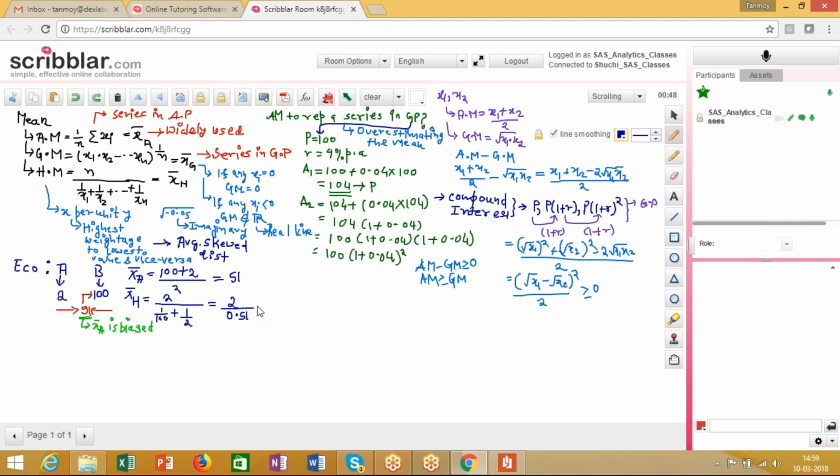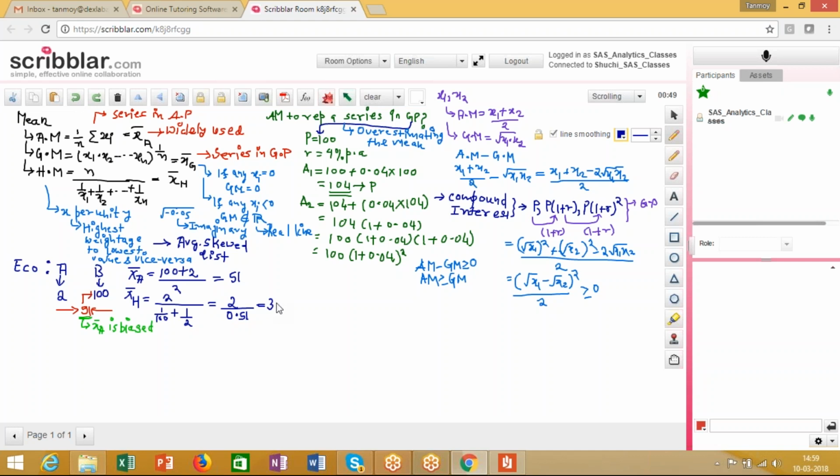So 2 divided by 0.51 will be, just a minute, that is 3.92.